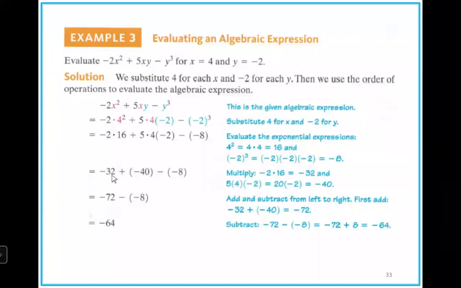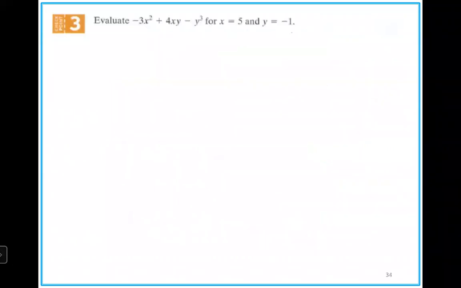So you have -32 plus -40. That's -72 minus -8. -72 minus -8 is the same as -72 plus 8, which gives you -64. Okay, so we got two variables to substitute, and then we just follow the same pattern of brackets, exponents, multiply and divide, add and subtract.